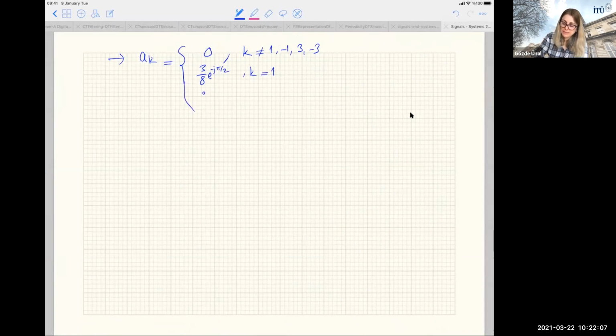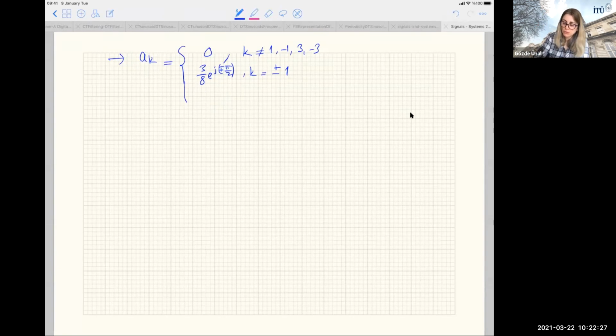You can just write it in a compact way like this: e to the j plus minus pi over 2 for k equals minus plus 1. Because then I know for minus 1 it's plus pi over 2.